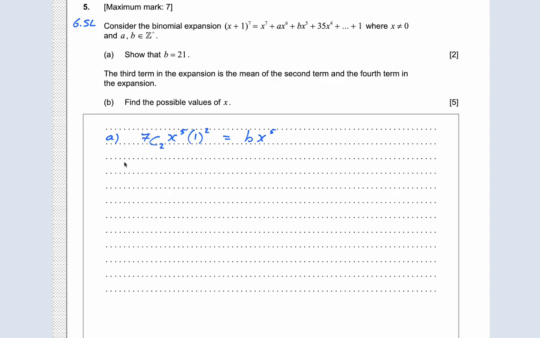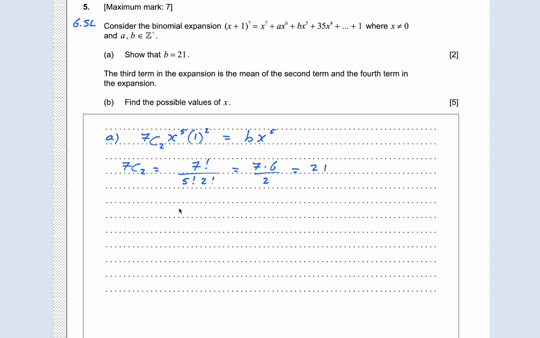Now 7 choose 2 is equal to 7 factorial over 7 minus 2, which is 5 factorial, times 2 factorial. 7 factorial over 5 factorial is actually 7 times 6, because the 5 factorials cancel, over 2 factorial, which is 2. 7 times 6 is 42, divided by 2 is 21.